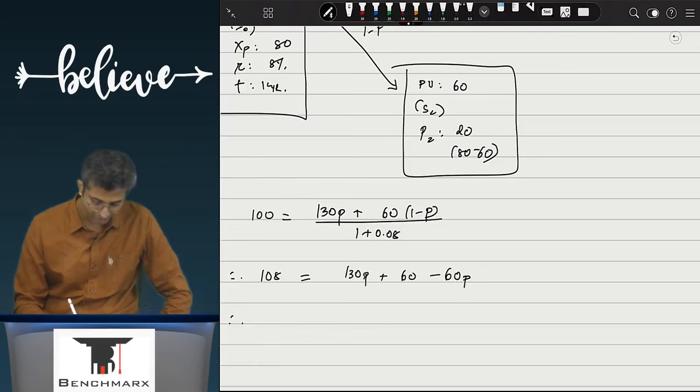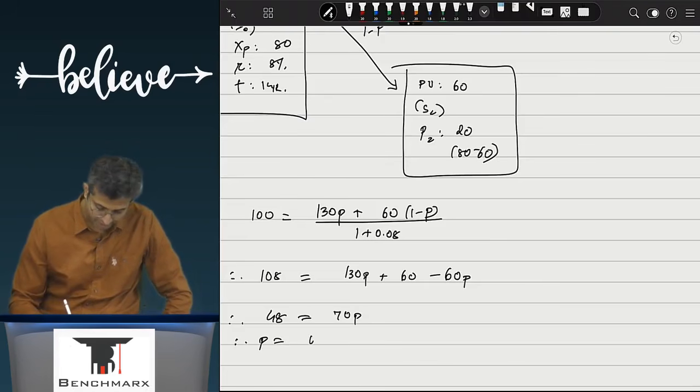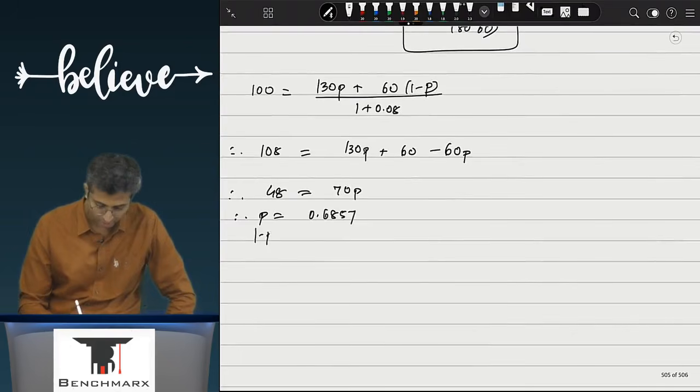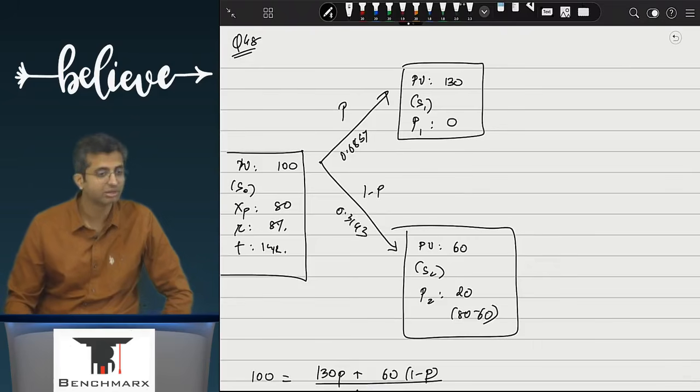Therefore you will have 48 equals 70p. Therefore p equals 0.6857. So 1 minus p will equal 0.3143. Chalo, question done.